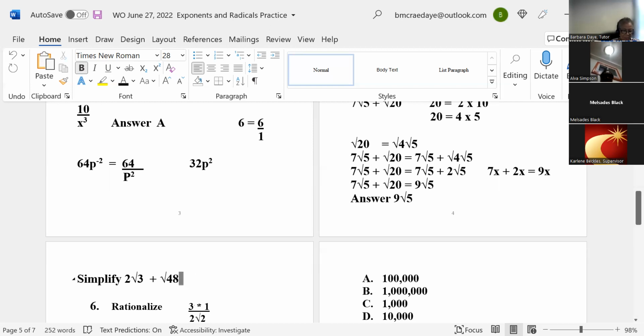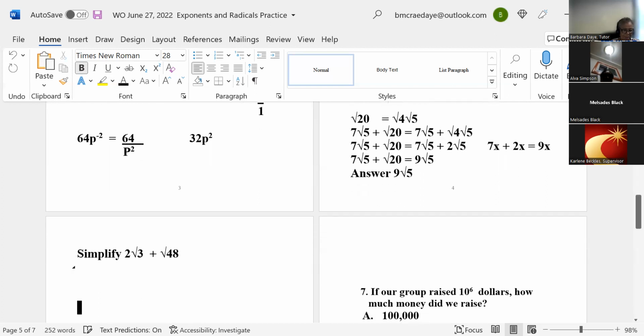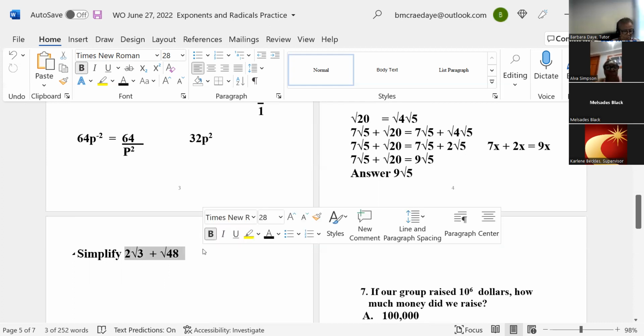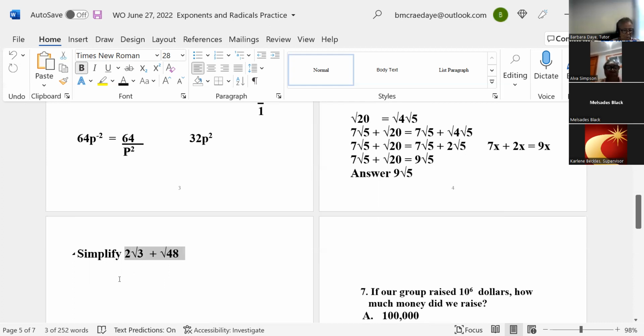Now using the same principle I did for the other one, how could you get the answer for this one? Any ideas, Mercedes, Alva? You're still on the same one? No, I'm trying another example so you can apply what we just went through.